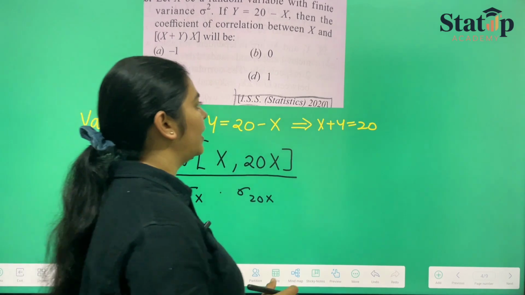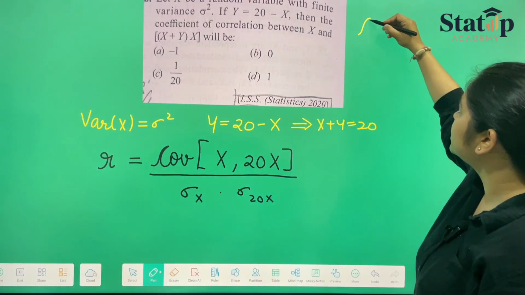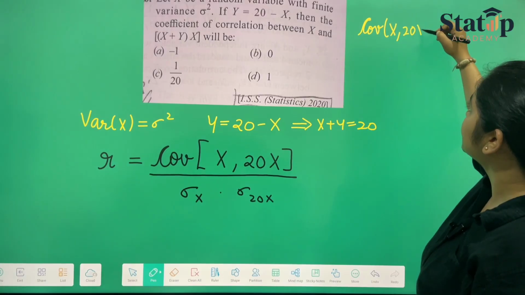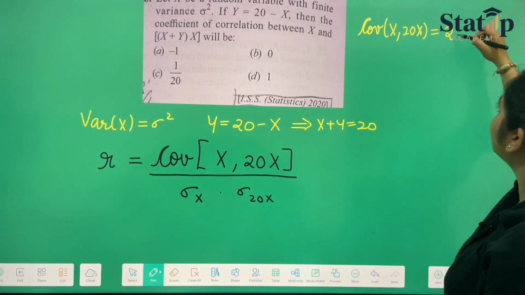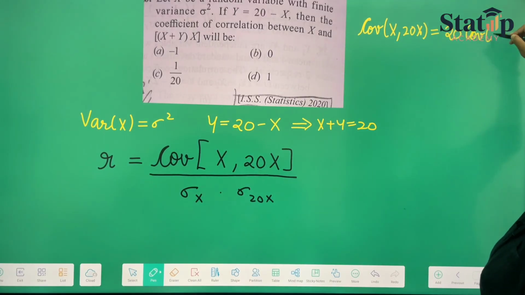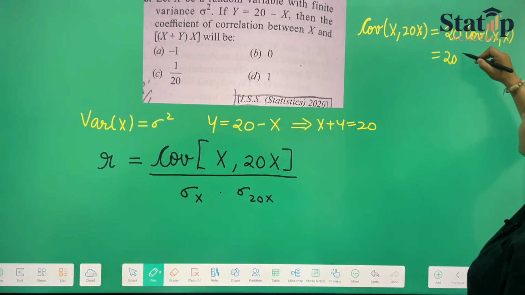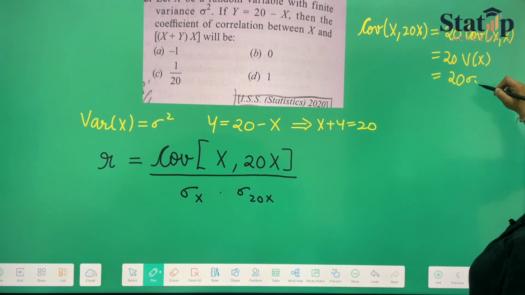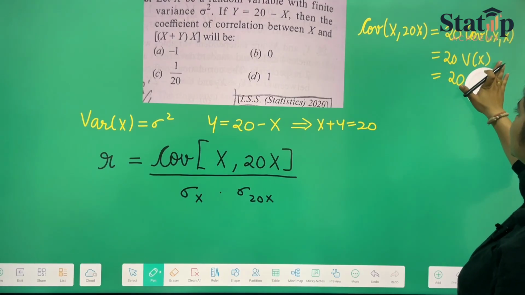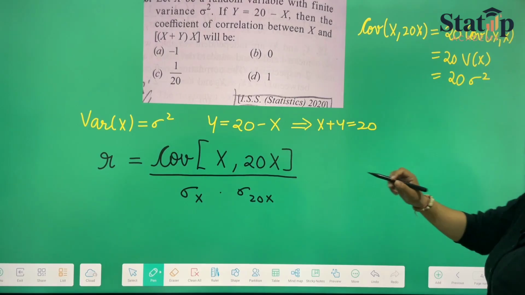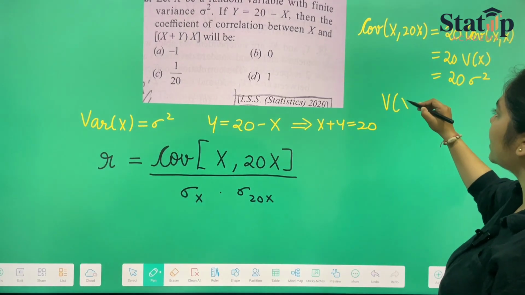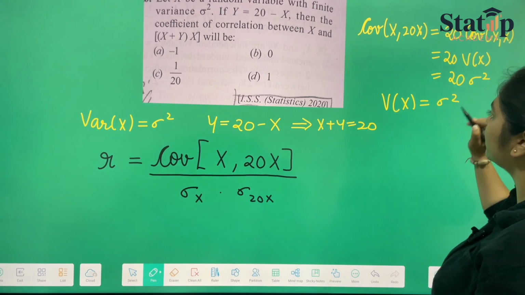Whenever we have to find covariance between two variables, the covariance between x and 20x can be written as 20 taken outside, covariance between x and x. And covariance between x and x is nothing but variance of x. So it will be 20 sigma square. Now variance of x is equal to sigma square, which is given.